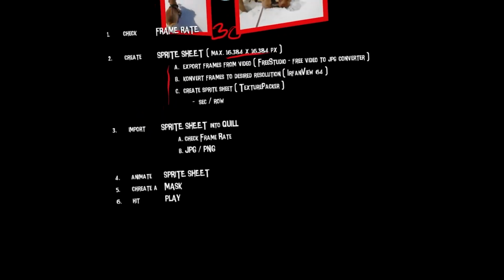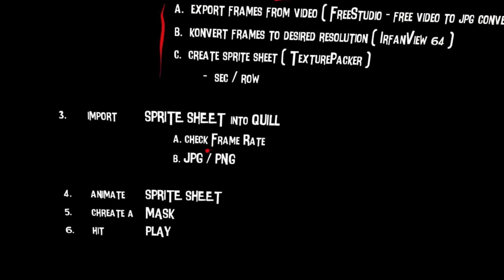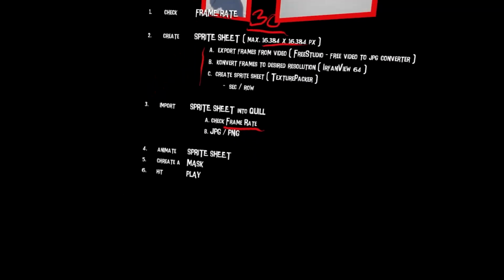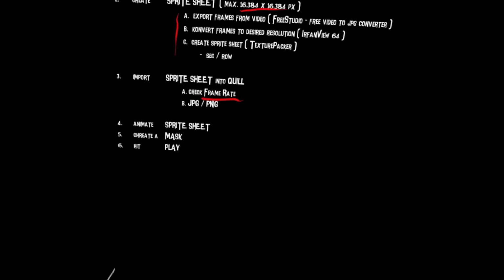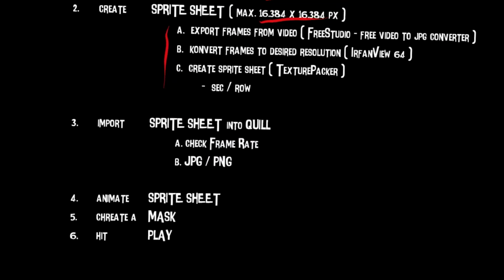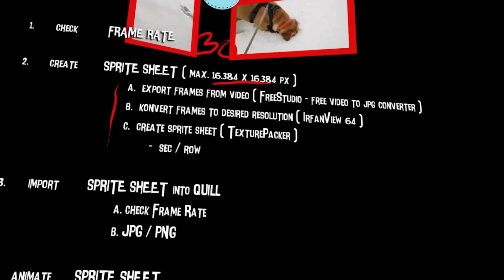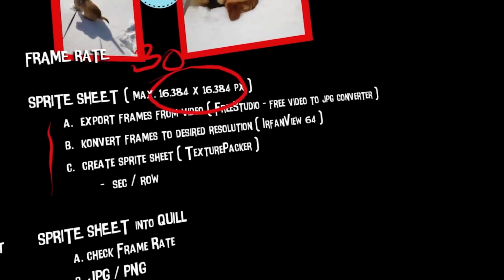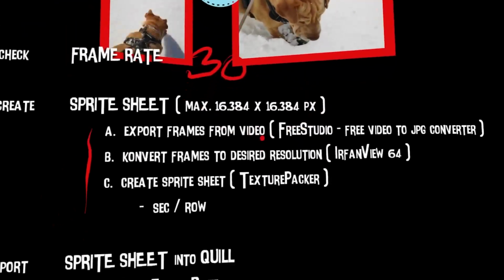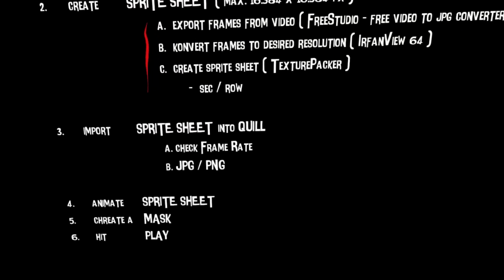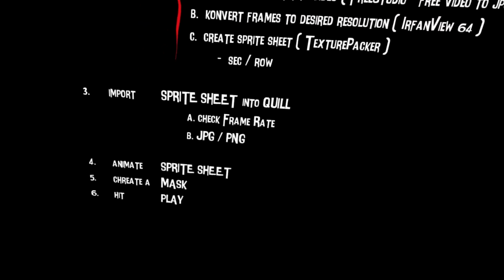What's important when you import your sprite sheets is to check the frame rate. It should be the same as here, this 30 or whatever your video is. Then I'm going to talk a little bit about JPEGs and PNGs, because this is a really high number of pixels that you are going to import into Quill, and those are very heavy.